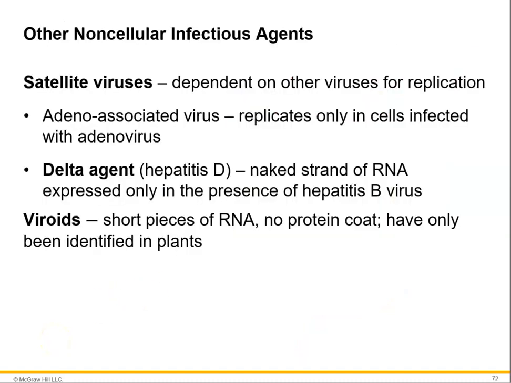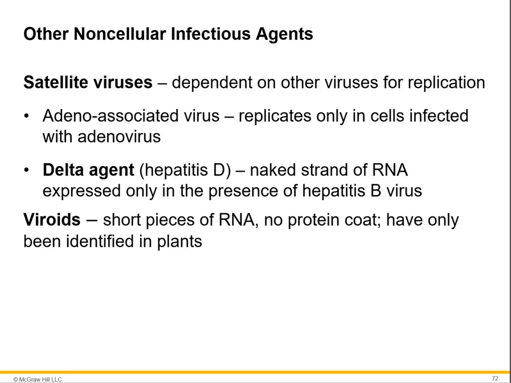Okay, other non-cellular infectious agents, there are viruses called satellite viruses. And what makes these viruses so special is they depend on other viruses for replication. So it's kind of funny, you know, a normal virus depends on a cell for replication, while a satellite virus depends on a virus for replication.